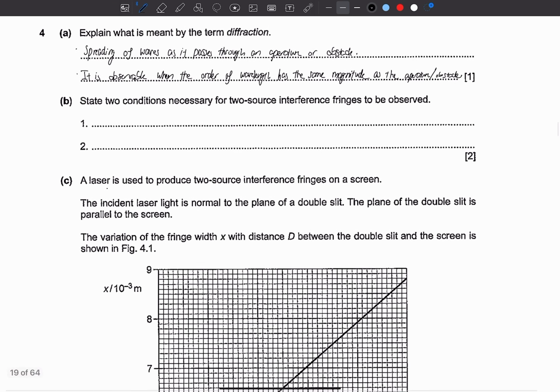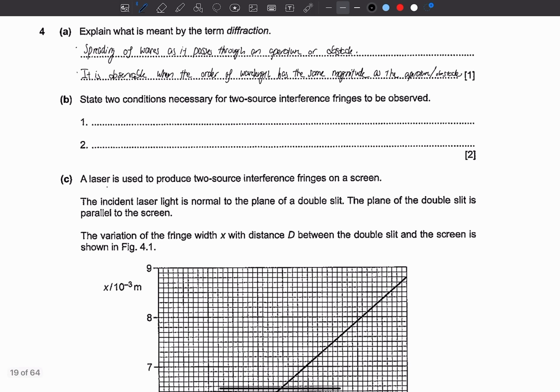Alright. State two conditions necessary for two source interference fringes to be observed. The first one is the waves need to be coherent. They need to be coherent so that they have a constant phase difference. Next one.